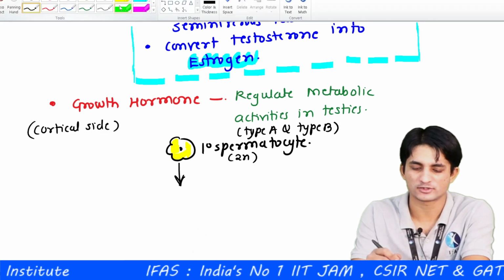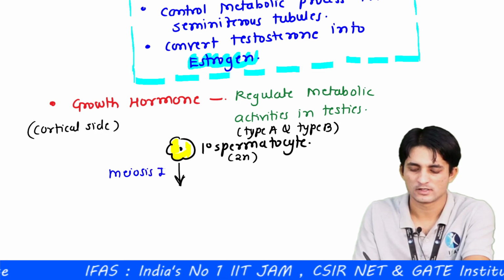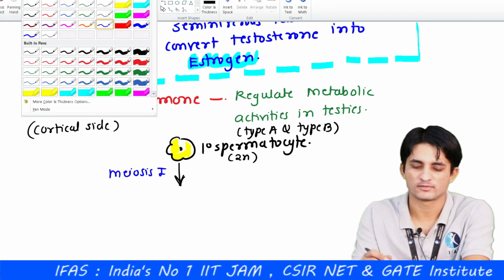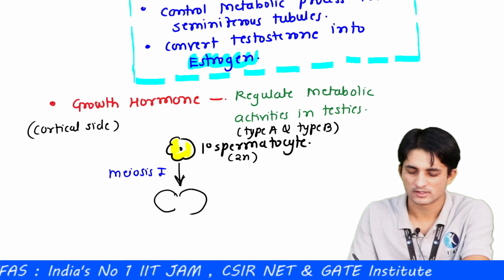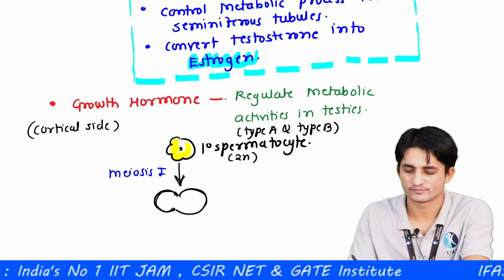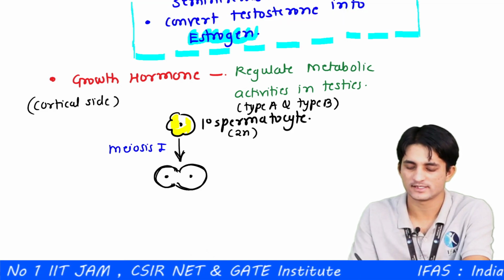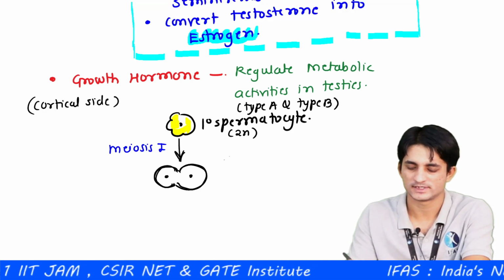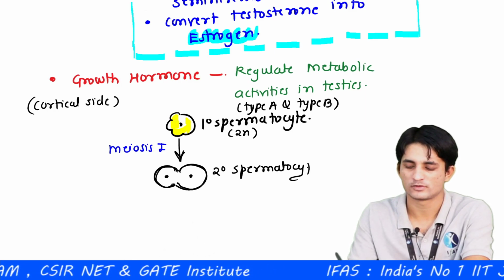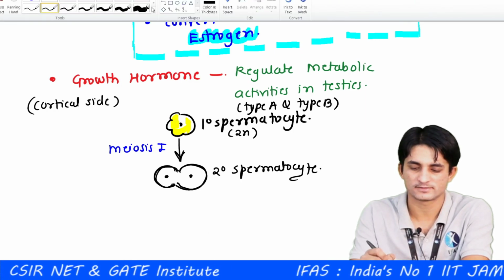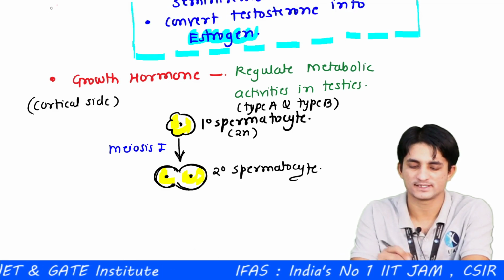Now the primary spermatocyte readily enters into meiosis 1, which is the reductional division, in which there is formation of the secondary spermatocytes. These secondary spermatocytes are haploid.